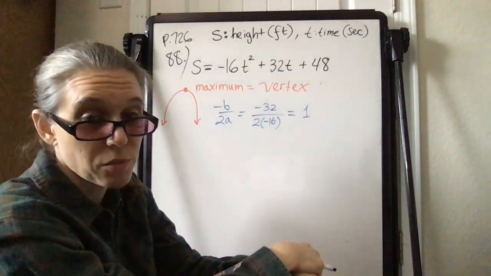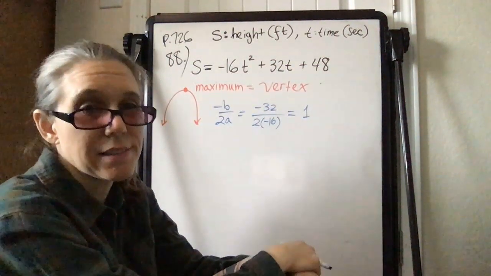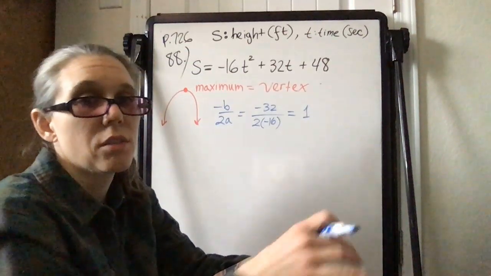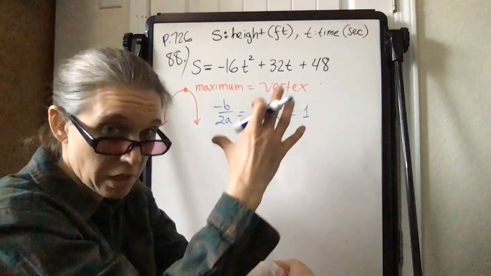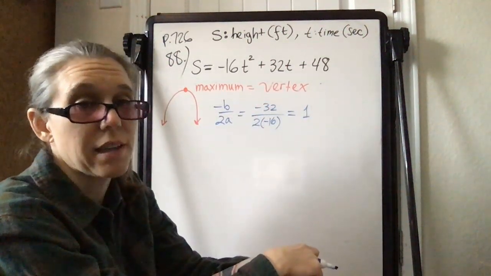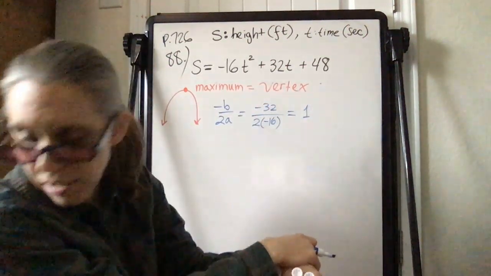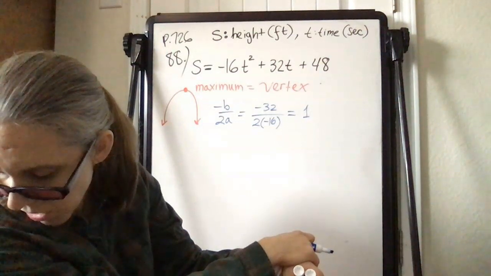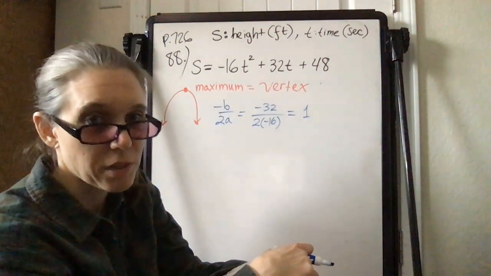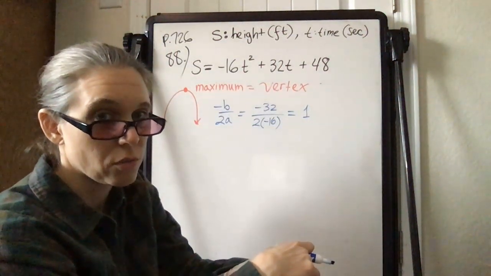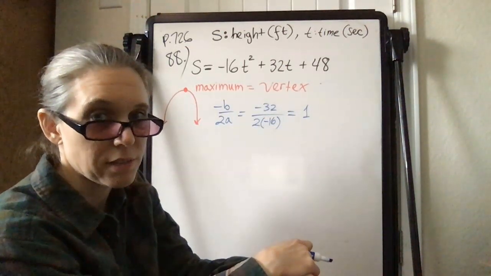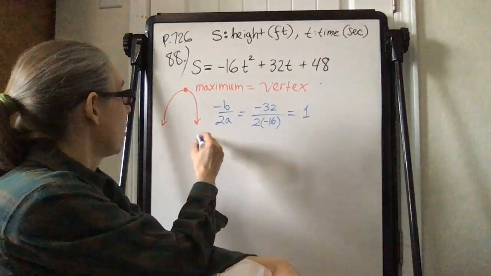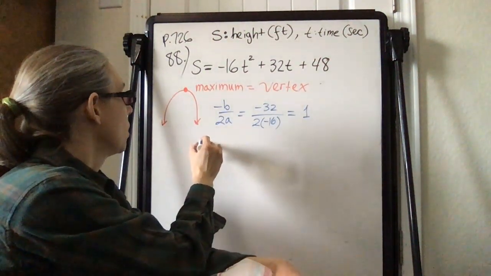You do need to rewrite the formula for number 87 in descending order so that you correctly identify A, B, and C. Or not, you could just rearrange it in your head and correctly identify A, B, and C. But pay attention to the fact that in number 87, it's not written in descending order. So you do need to be careful in identifying A, B, and C. Okay, so that's 1, and now plug 1 in.